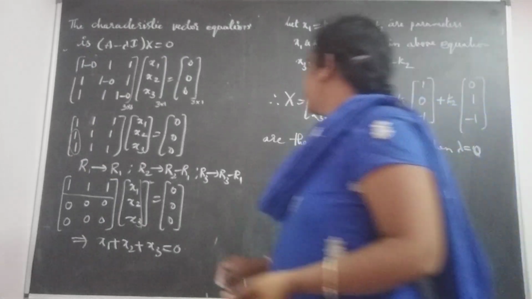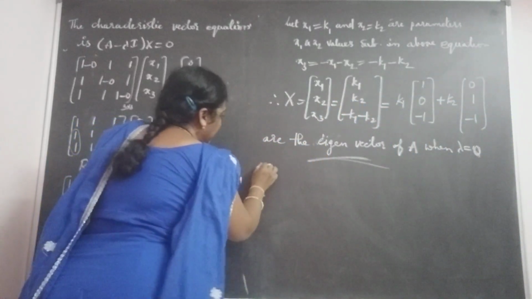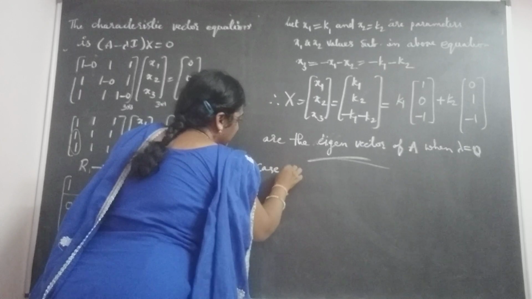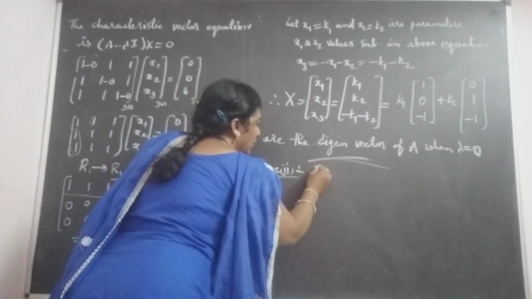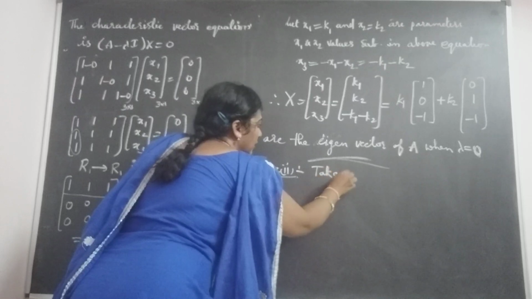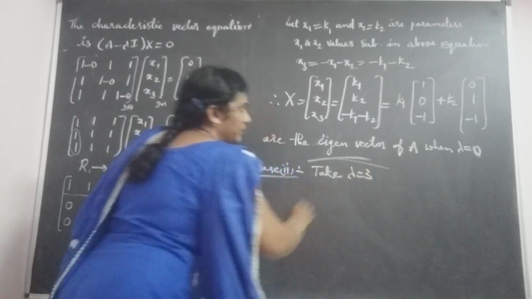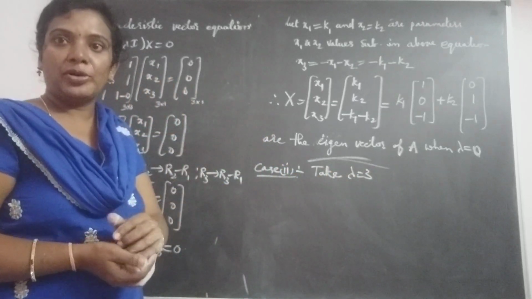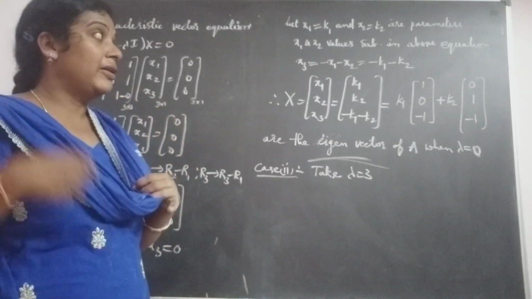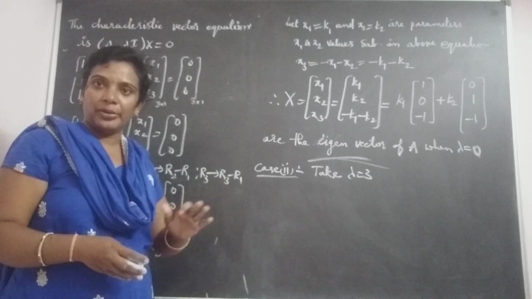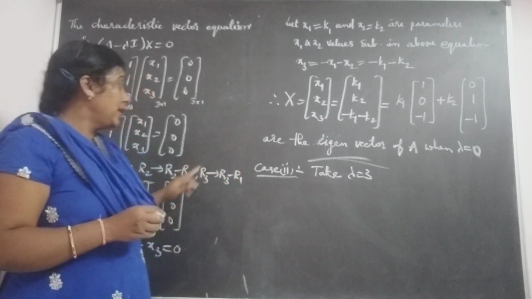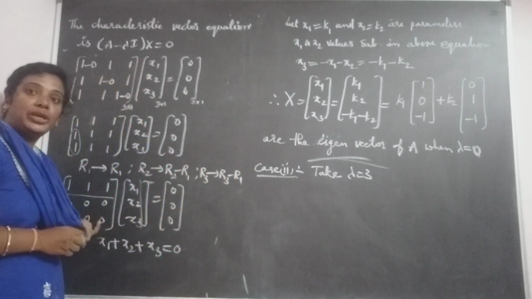Next, case 2. The another value is, in case 2, take lambda equal to 3. In the previous problems, the eigenvalues are distinct, meaning we get only one row as 0.